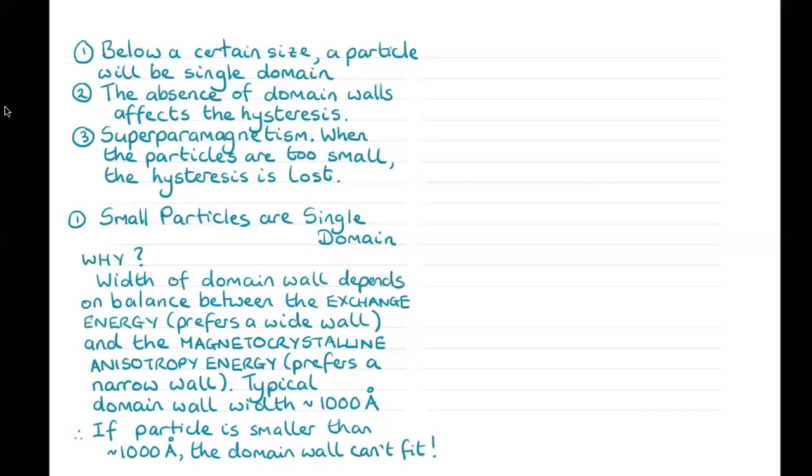One can be a little more rigorous and look at the energy balance between a small particle that doesn't contain a domain wall and a small particle that does contain a domain wall, and think about which would be lower energy in which regime. So if we look at a small particle with some magnetization M with no domain wall, then this particle has an external magnetic field.